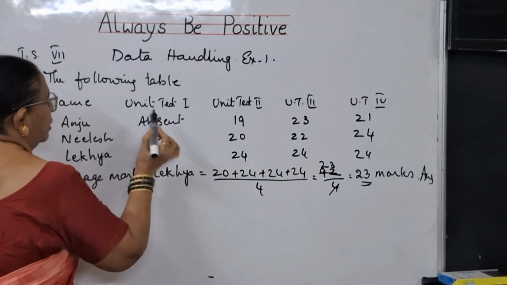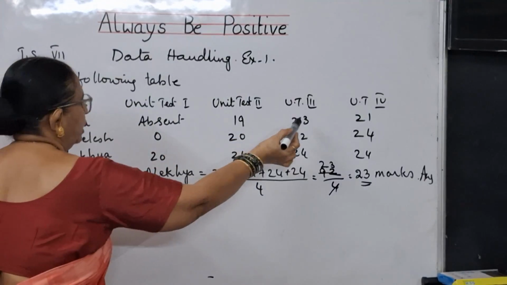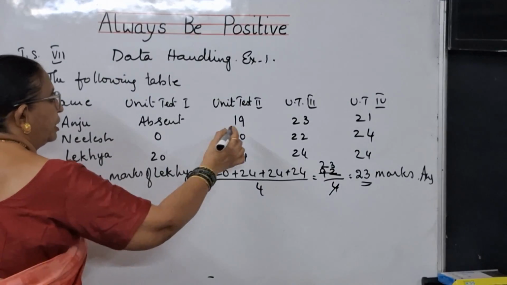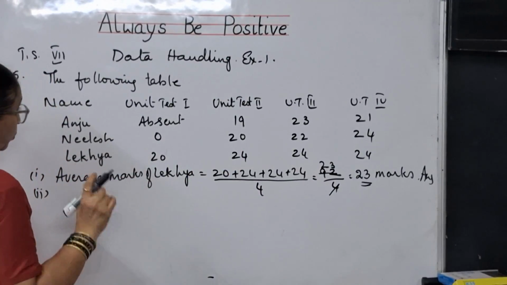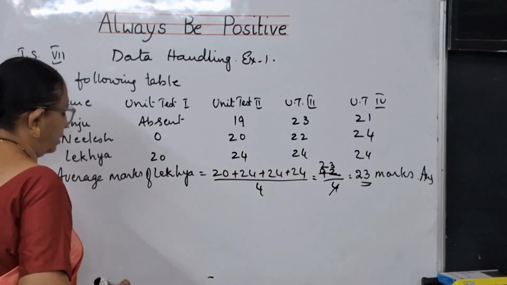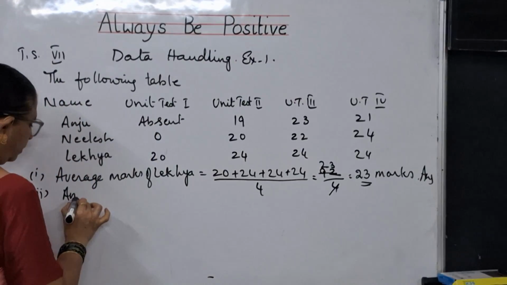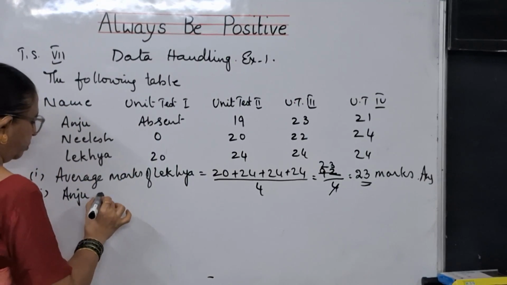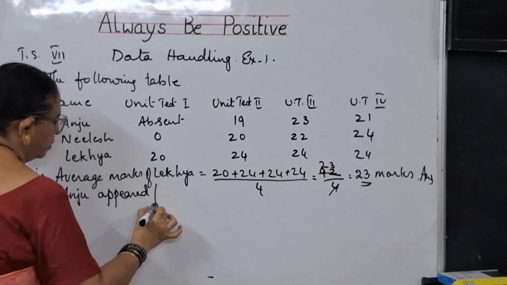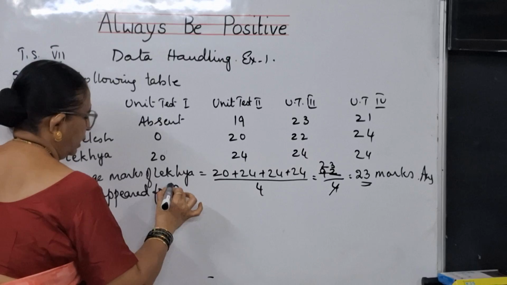Since Anju was absent for one test, only 3 tests Anju has attempted. So average is obtained by dividing by only 3 but not 4, because Anju appeared for 3 tests.